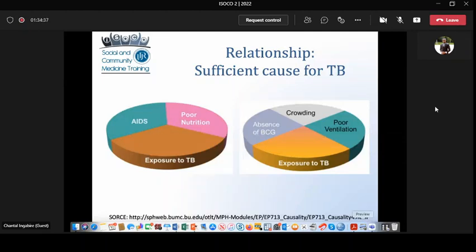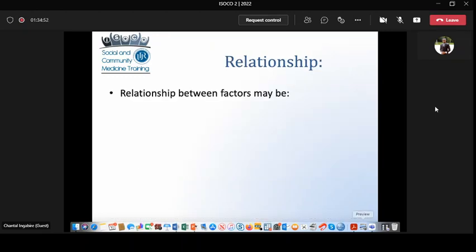And the pathway can be different from one person to the other depending on the exposure factors. I hope this is clear for now. And let's move to the next slide because we still have a lot to learn.